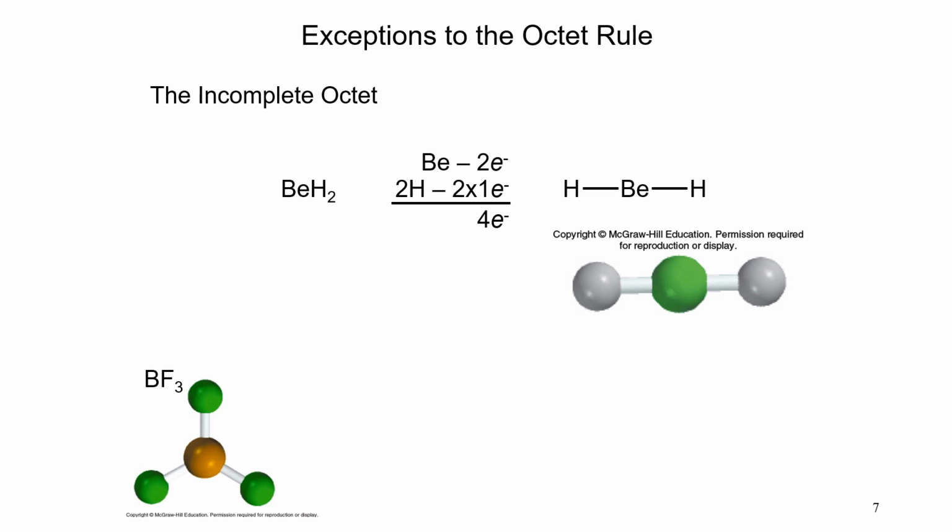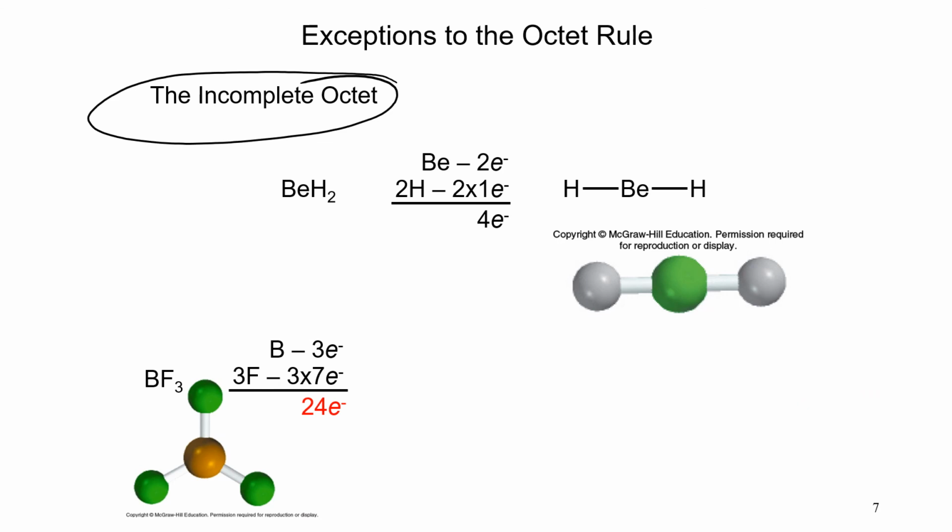Another exception, and these are incomplete octets, is boron. Boron has 3 valence electrons, and I failed to mention beryllium has only 2 valence electrons in its 2s subshell. Boron has 3 valence electrons, and therefore it only forms 3 bonds.